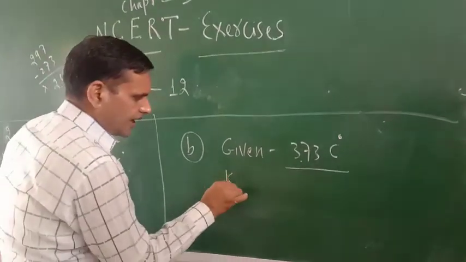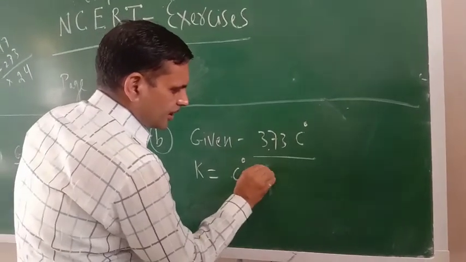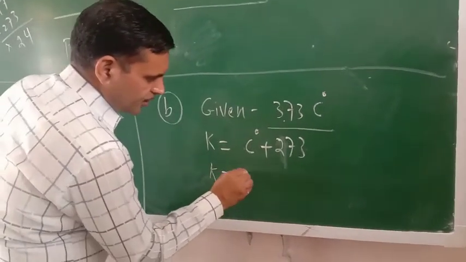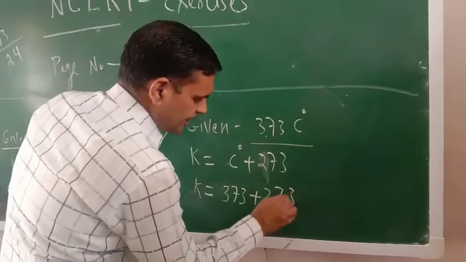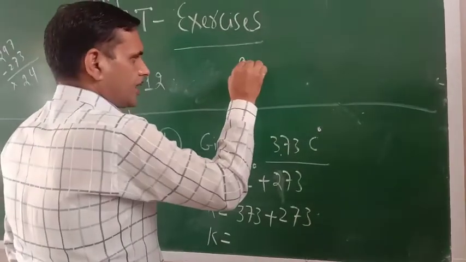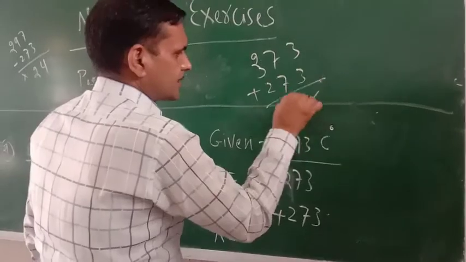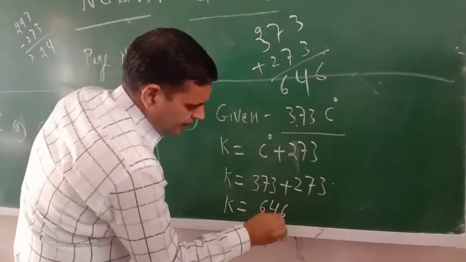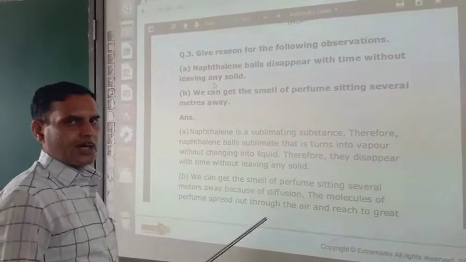So K equals degrees Celsius plus 273, which is 373 plus 273, equal to 646 Kelvin.